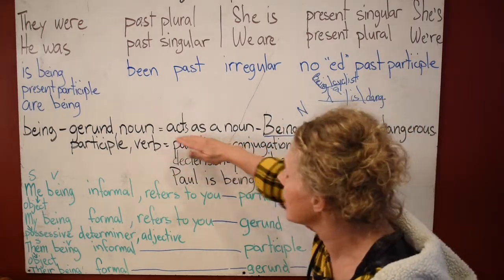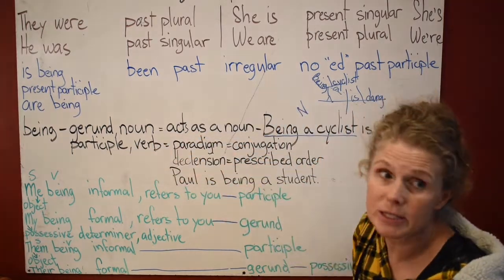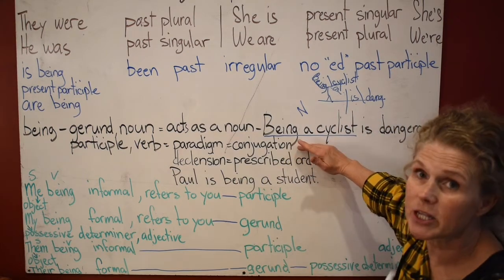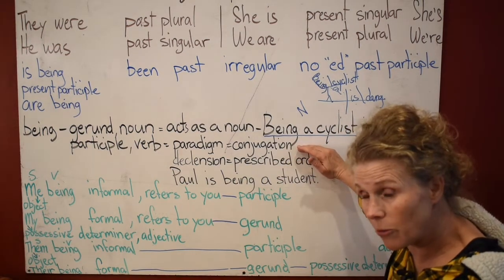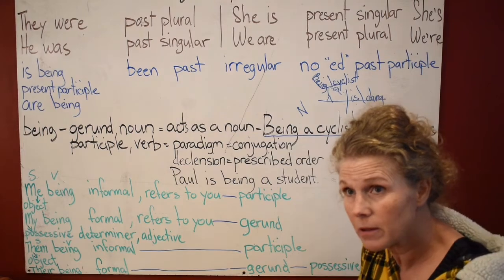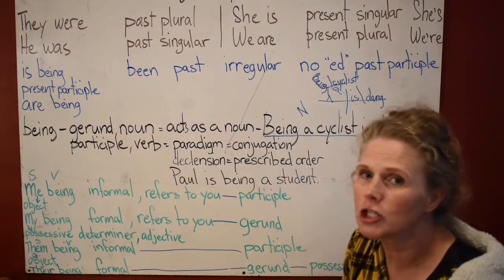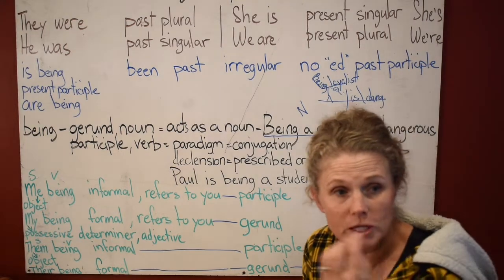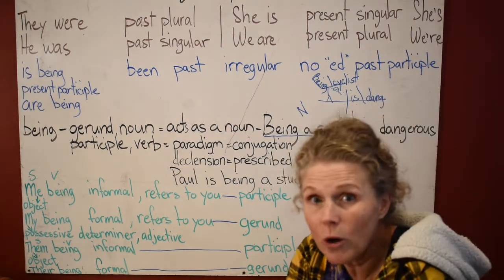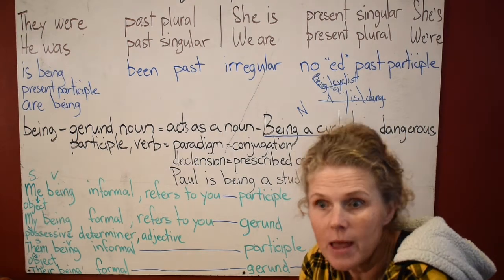Now, this right here, being, is a paradigm, which means it's a conjugation. Do you understand what a conjugation means? Okay, so when you conjugate a verb, it means that your verb changes. And where do our verbs change? In the present.